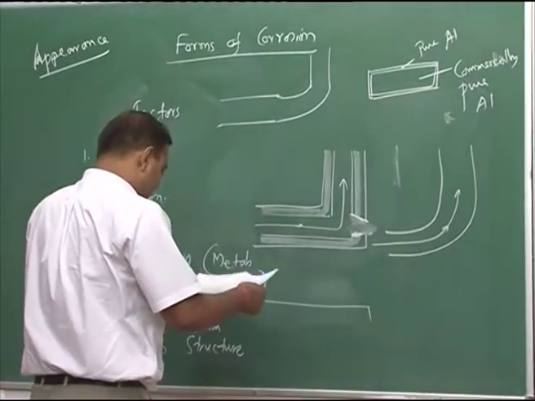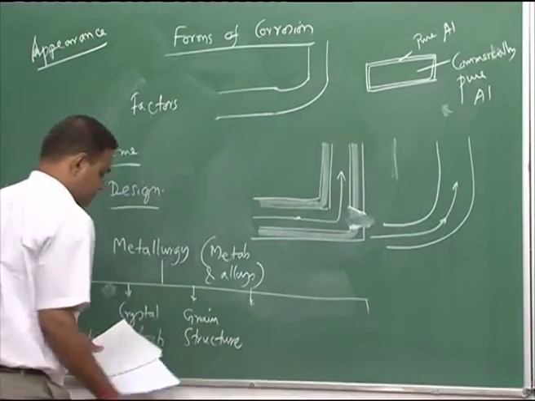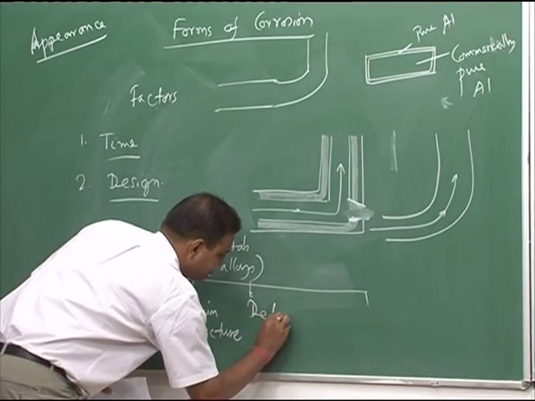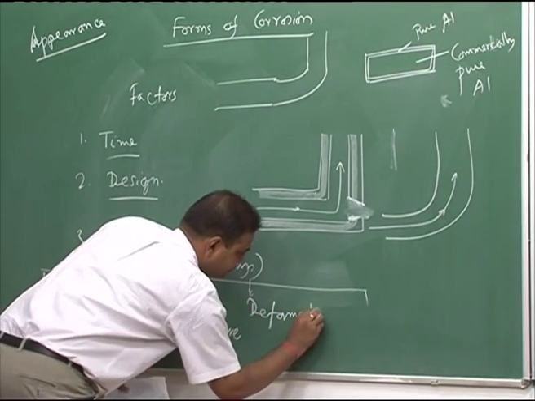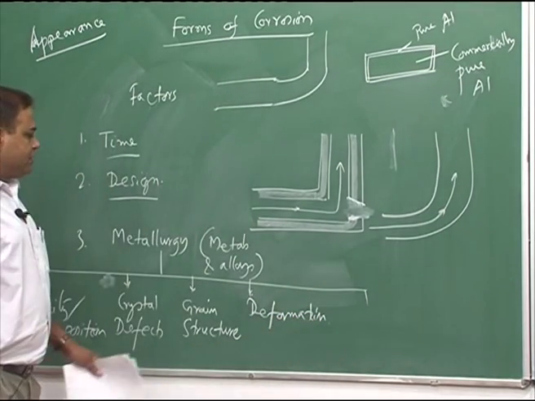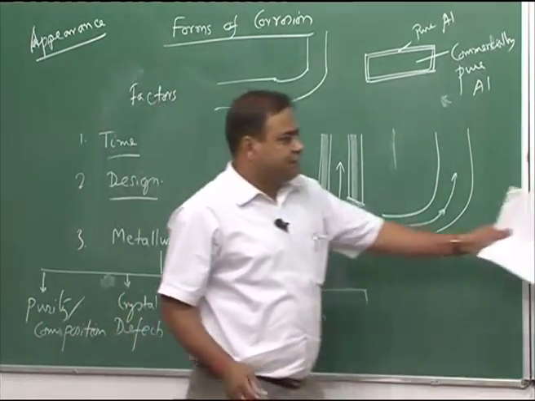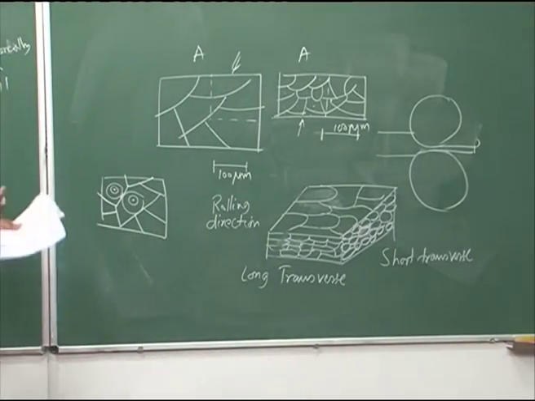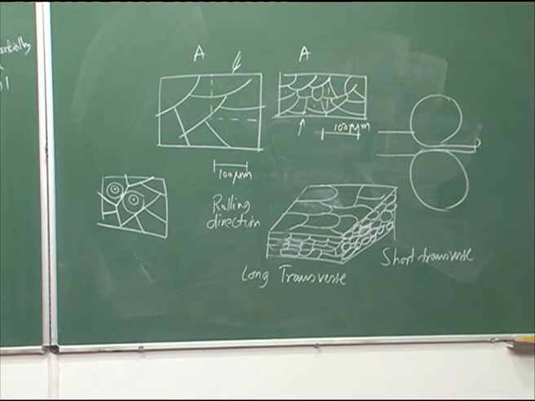Now, then we have deformation. The example is given here. If we deform, we can modify the defect structure, we can modify the grain structure.